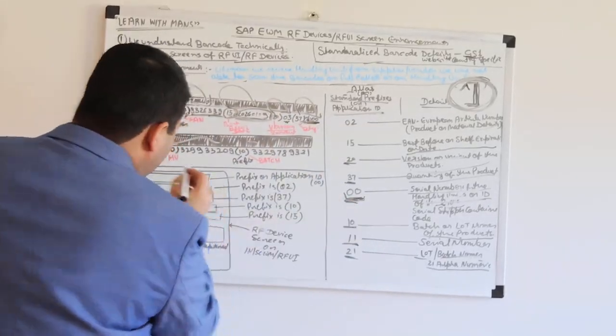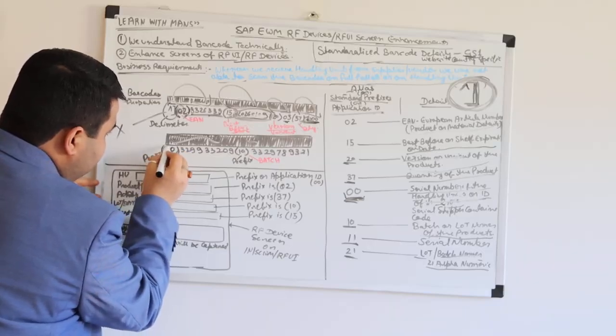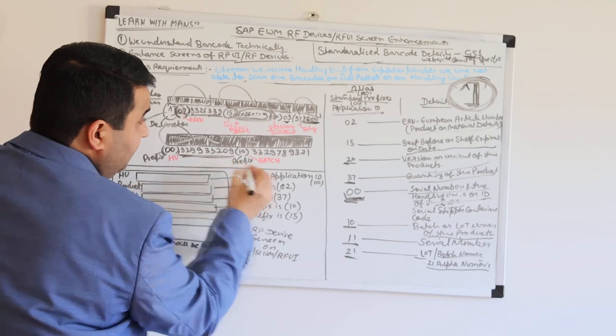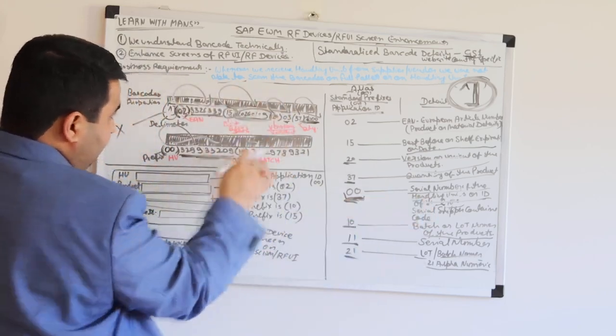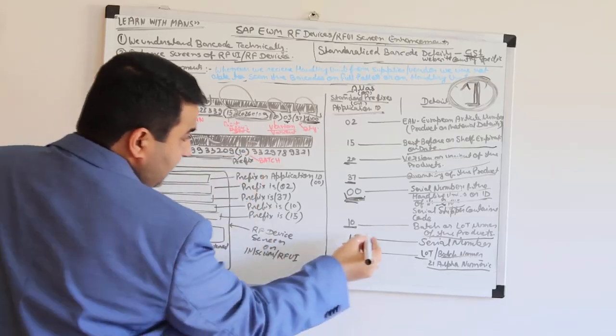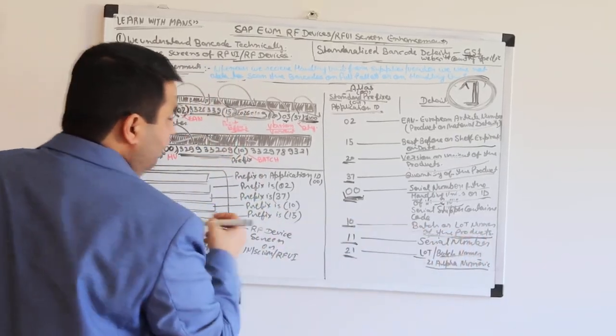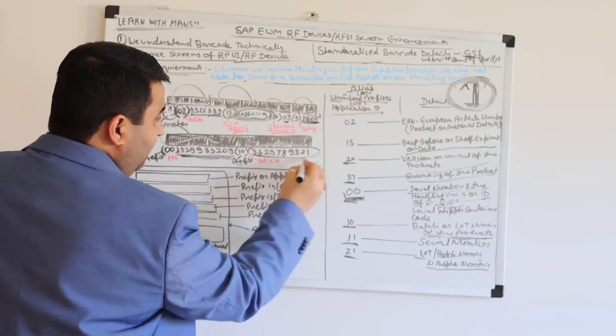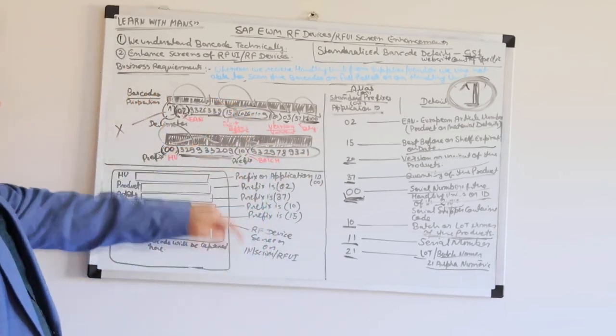So in the other barcode we see 00, and these digits are the serial number of the particular HU where we have the barcodes. Then we see 10. 10 means the batch or lot number of the product. The 10 prefix indicates this is the batch or lot number of the product. Inside we have the HU.